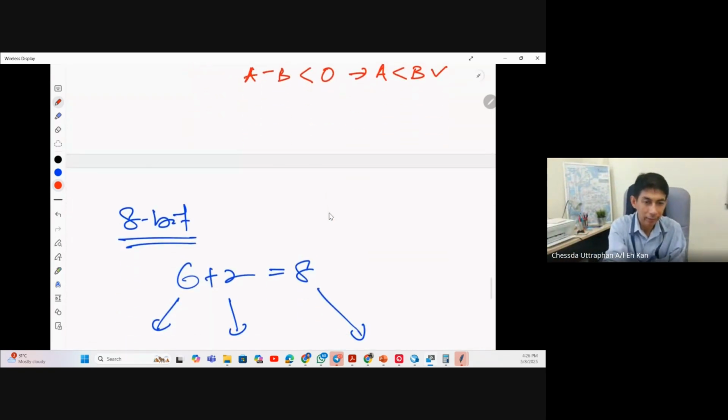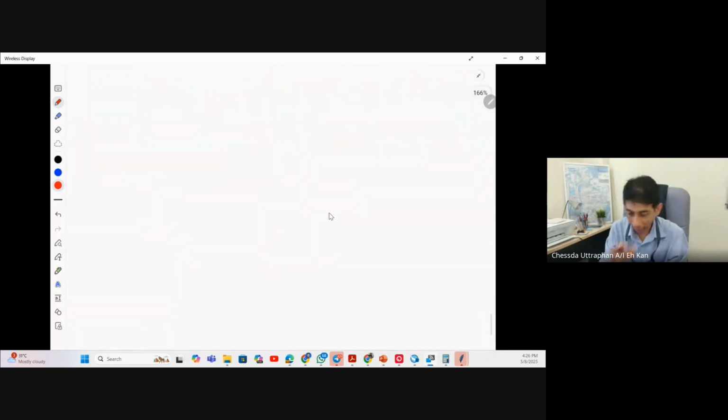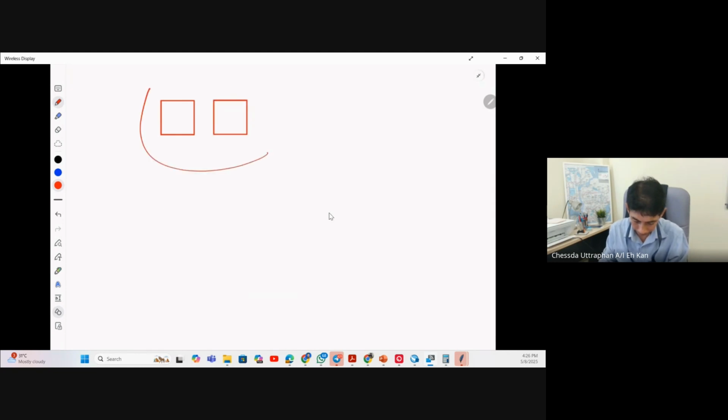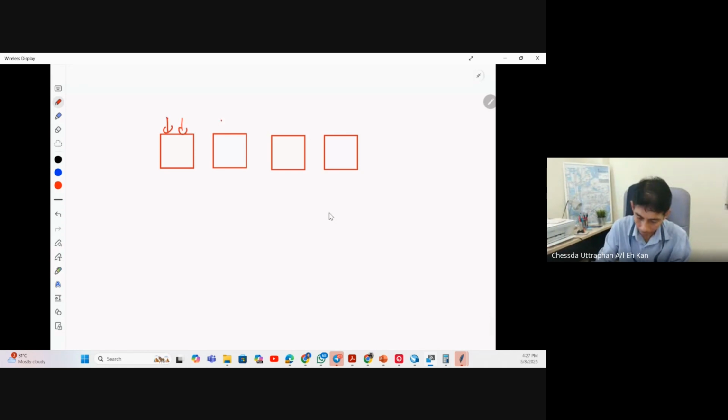So how to check whether A minus B equal to 0? The answer is this: if S equal to 0, right? So look at this 4-bit subtractor, not adder, right?